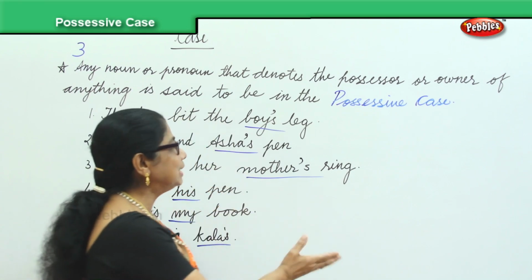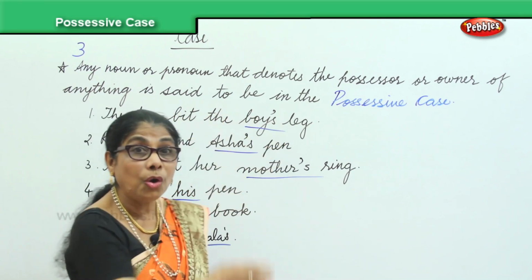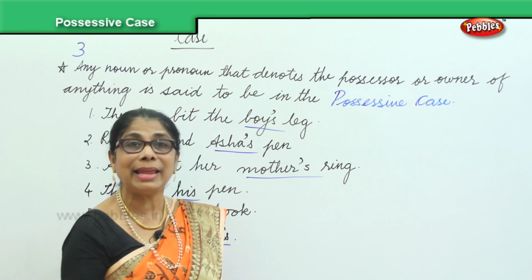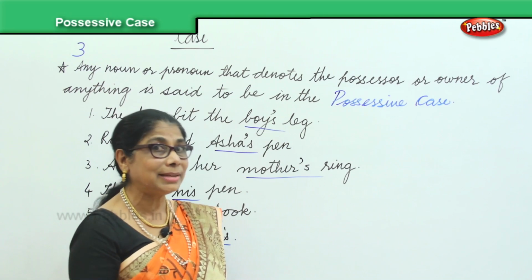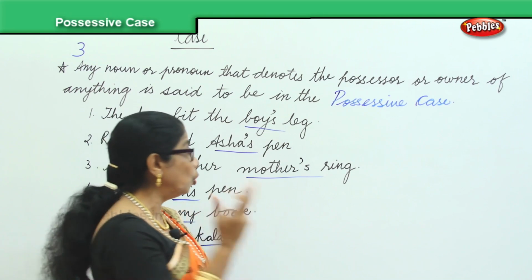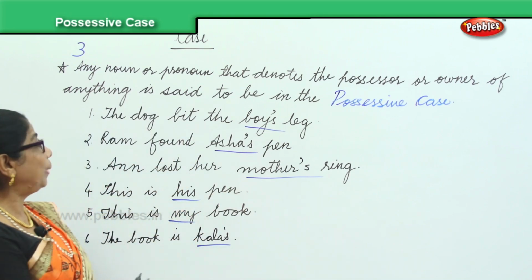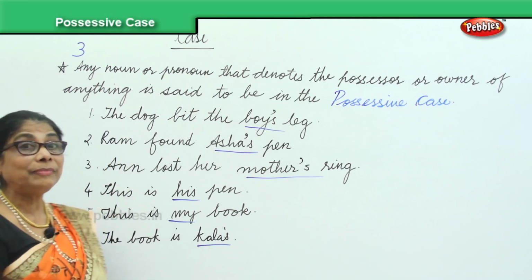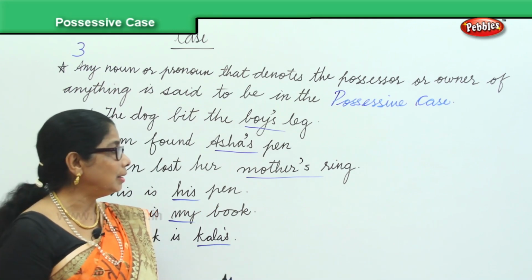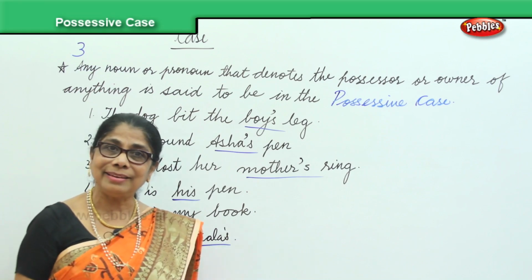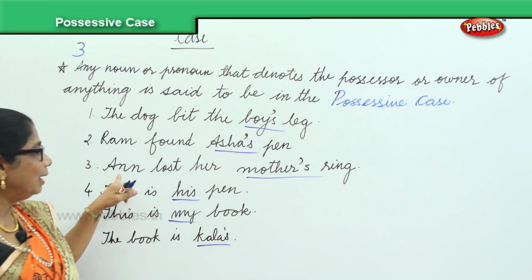So in possessive case, the dog bites somebody's leg. Whose leg? The boy's leg. Dog bit boy's leg. So whose leg is that? Boy's leg. Whose pen did Ram find? Ram found Asha's pen. Belongs to Asha. Whose ring did Anne lose?